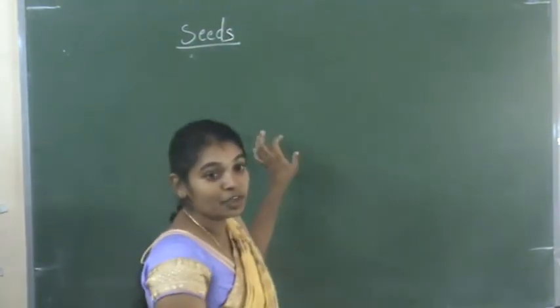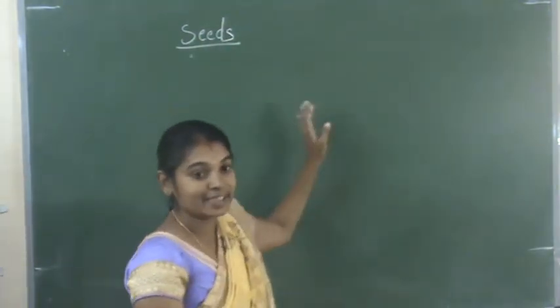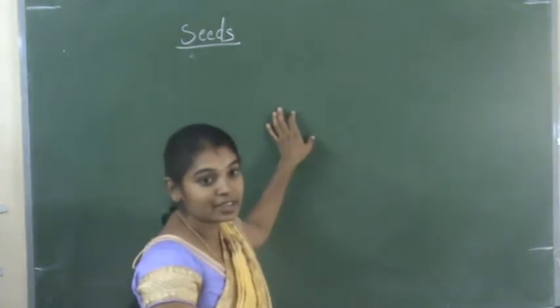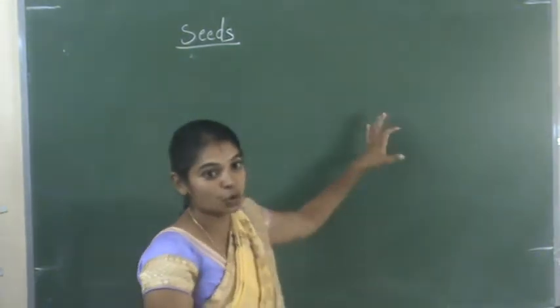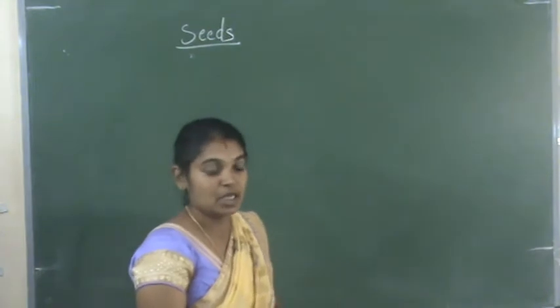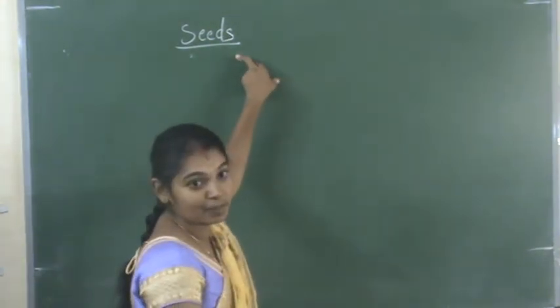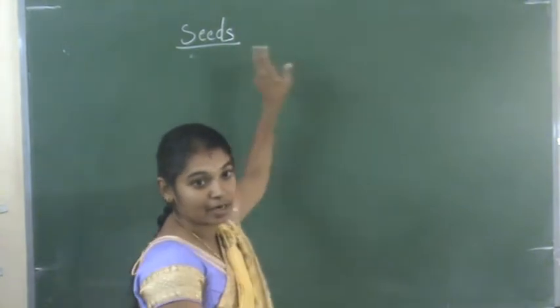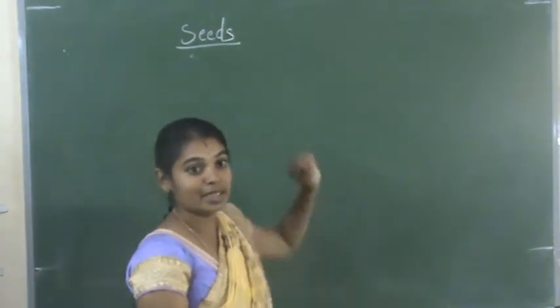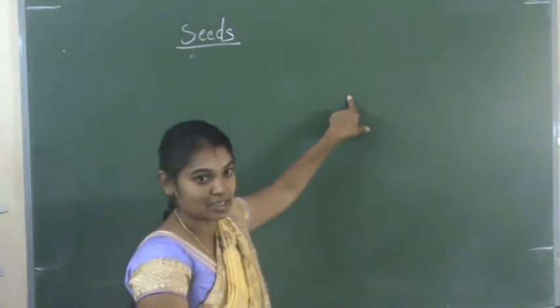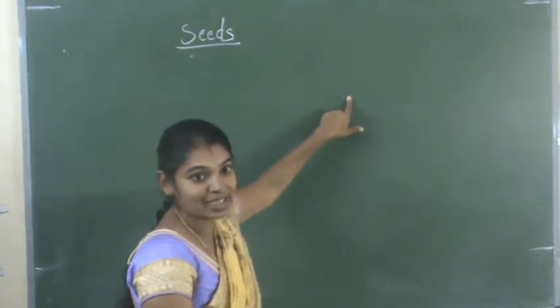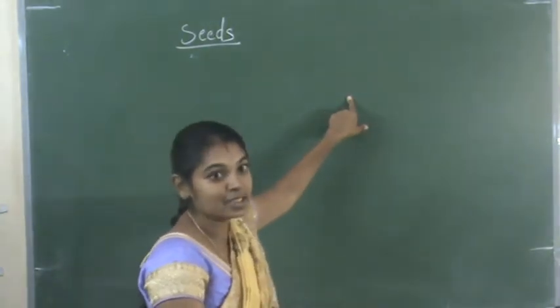So, ovules are converted into seeds, and these seeds germinate to produce young plants. In flowering plants, double fertilization takes place. As a result of double fertilization, two products are produced.